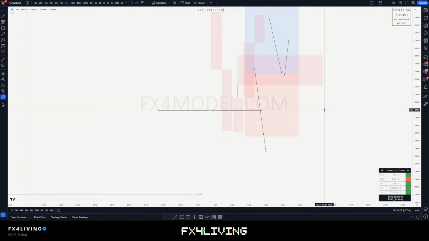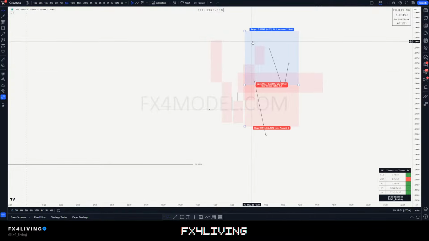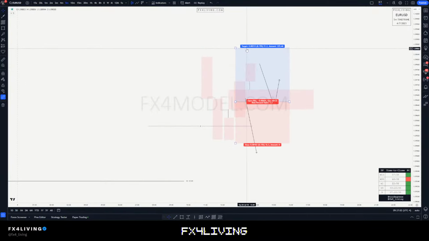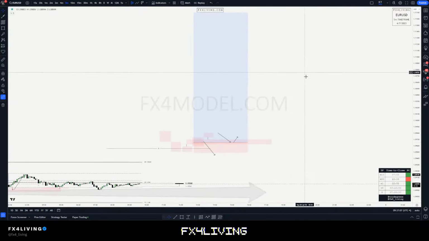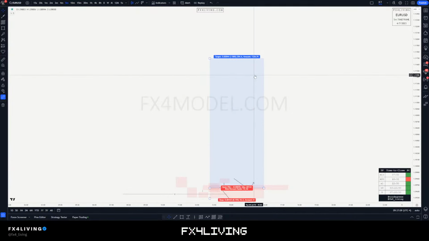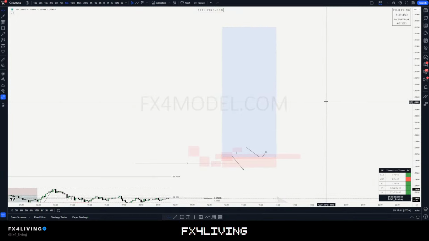And you're not greedy. If you get that nice push here, but you don't get out because you wanna get that high here, and you get stopped out after, you're just throwing it away.